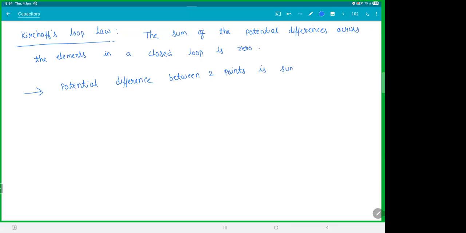It is the sum of potential differences across the elements in any path between the 2 points. Means if you want to go from A to B, you take any path. If you add all the potential differences in between, the difference will be the same in any path between the 2 points.